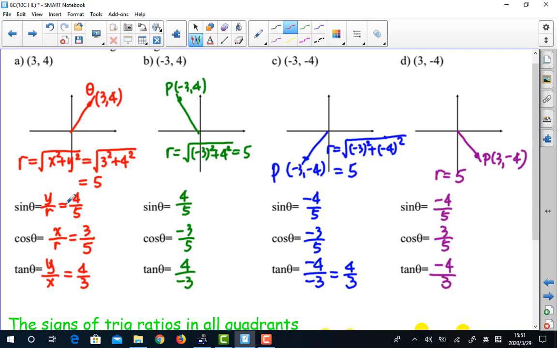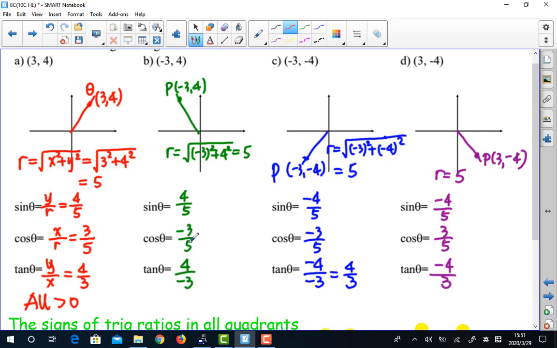In the first quadrant, I can discover all trig ratios are positive. HL students can use the reciprocal feature to find the signs of cosecant, secant, and cotangent yourself. They must be positive in the first quadrant as well.